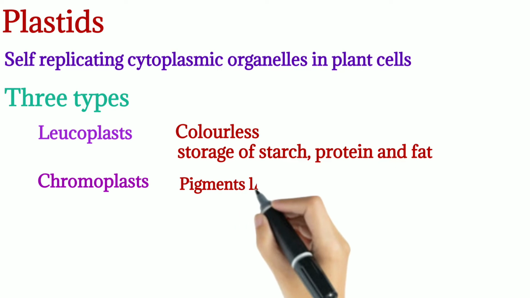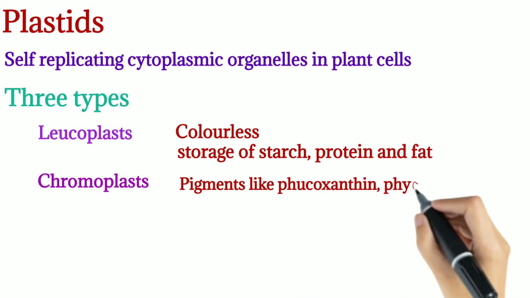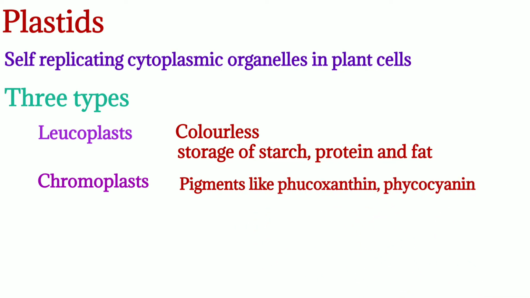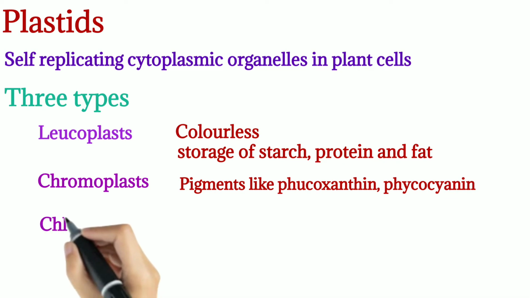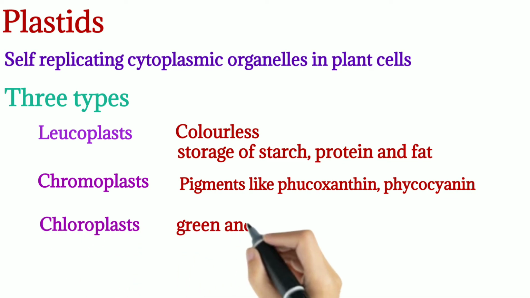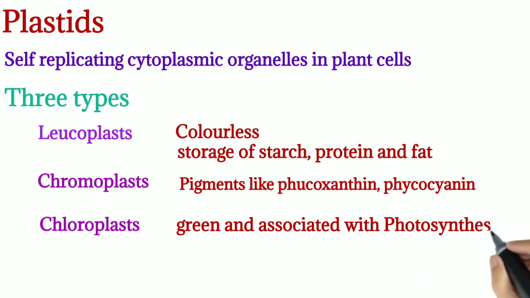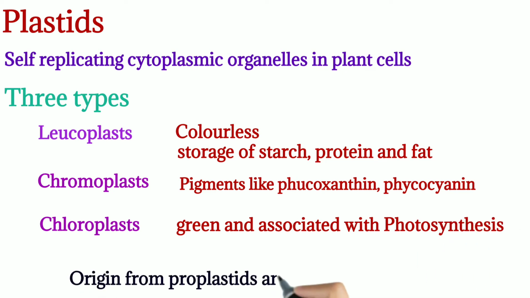Chromoplasts, the pigments like fucoxanthin, phycocyanin come under chromoplasts. They impart color to the plant parts. Chloroplasts are green and are associated with photosynthesis. The origin of these plastids is from proplastids and these are interchangeable.